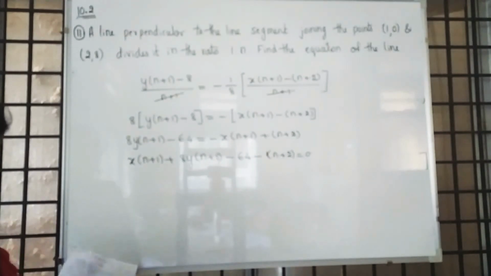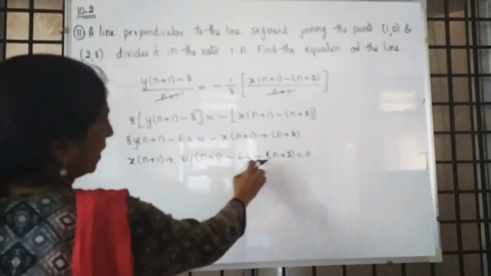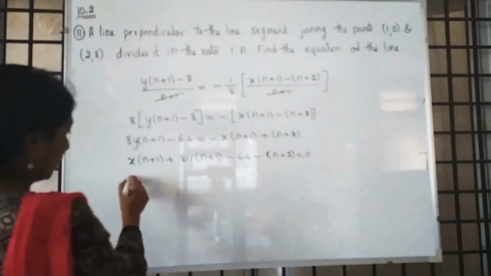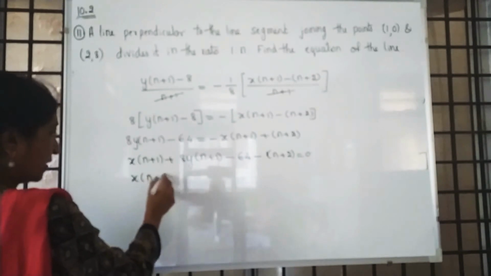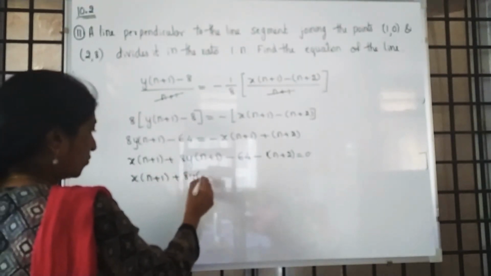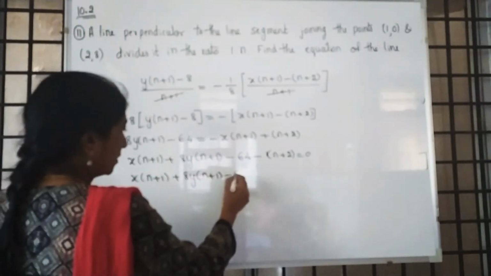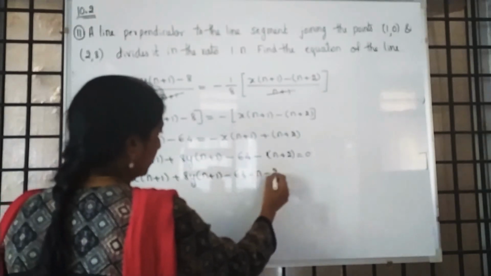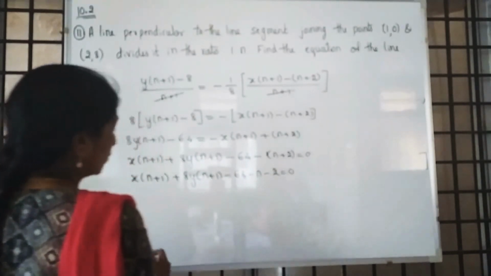This is the answer. And I give you one question as homework. If you want, you can take the minus inside and remove the bracket. You can write one more line: 8y into (n plus 1) minus 64 minus n minus 2 is equal to 0.